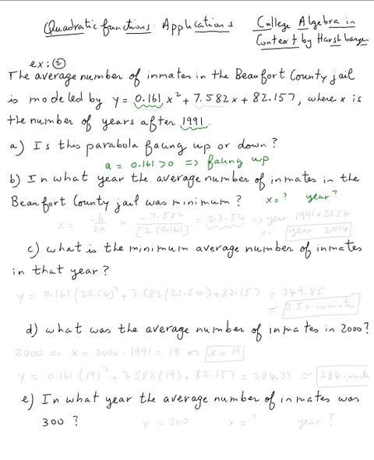The x coordinate of the vertex, by definition, is always equal to minus b over 2a. So every time we talk about minimum or maximum, the x coordinate is always going to be minus b over 2a. So negative b, here's the b right here, divided by 2 times a, which is 0.161.